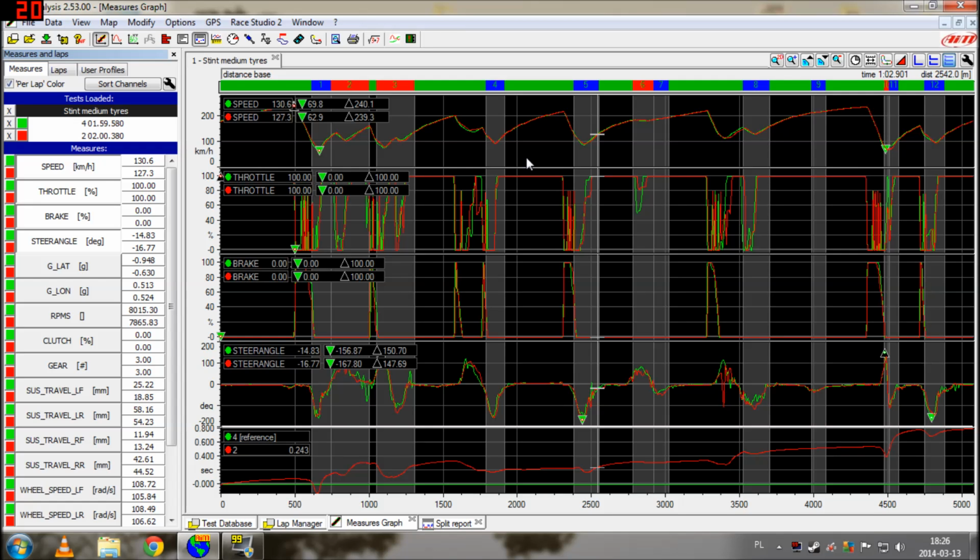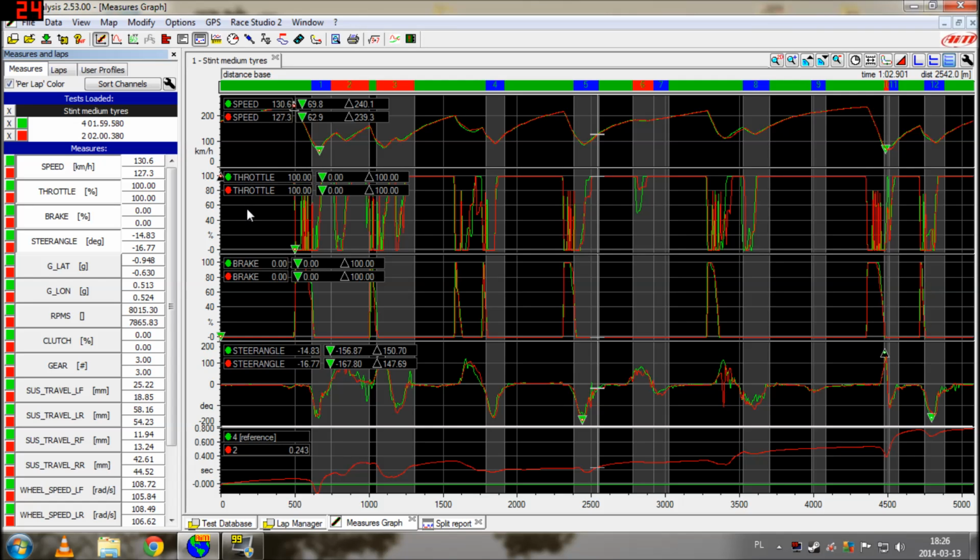Okay, what you see in front of your eyes are actually the most important channels from the driver's point of view. We have the queen of the channels, or the king of the channels, which is speed. Speed is always what you look at most, because the faster you are, the quicker times you do.